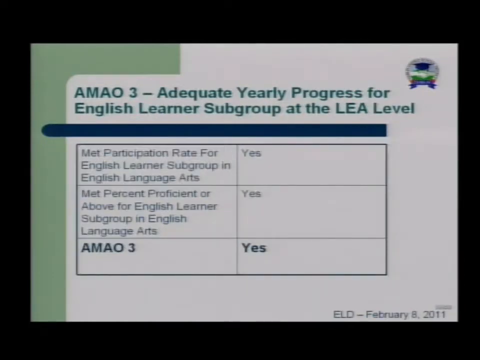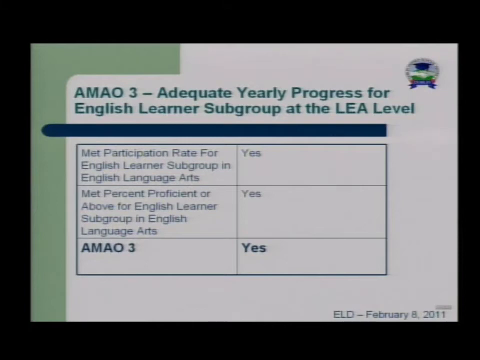The last accountability measure is AMAO3, and this directly aligns with our CST. So our English learners are also held to the same expectation as all other students, where they must also meet the participation rate, which is 95%, and they also need to reach English language arts, which is 56%, and math is 56.4%.